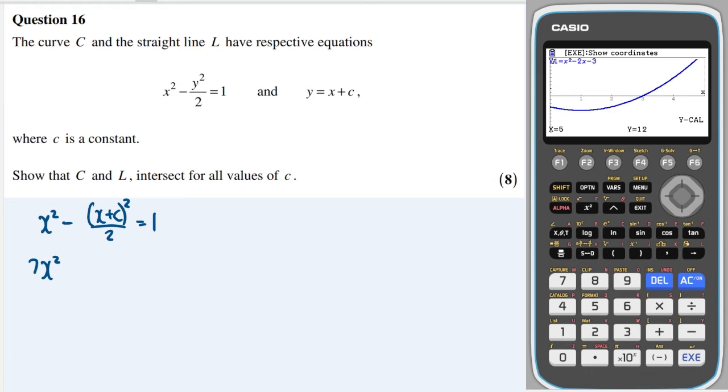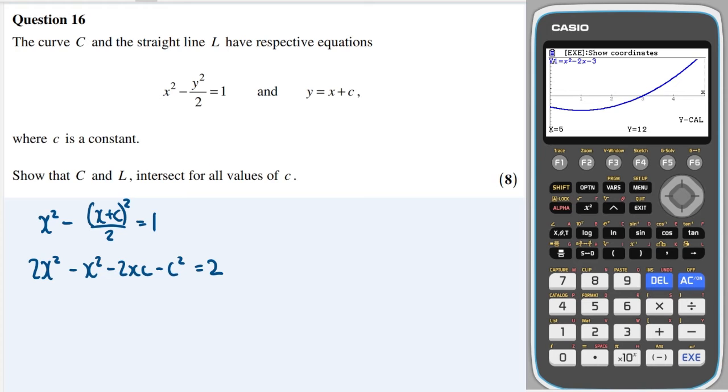So let's times by 2 first, just to make it a bit easier. And then let's expand this out. So I'm going to get minus x squared, minus 2xc, and minus c squared, and that's going to equal 2. So I times everything by 2, and I expanded that bracket. And because there's a negative there, all the terms will be negative.